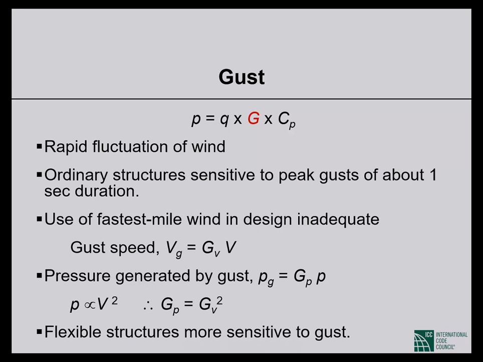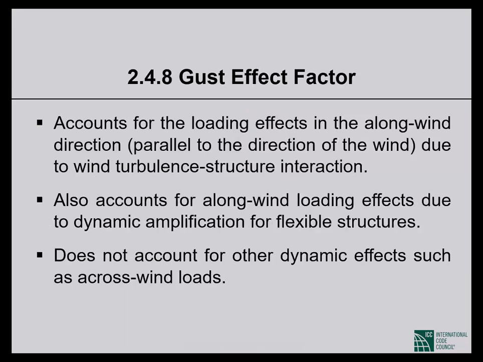So these days, most of the time, we bring the average wind velocity down by multiplying with a gust effect factor of 0.85. It is only some of the time that we will calculate a different gust effect factor and apply that to the 3-second gust speed. Okay? So this is gust.